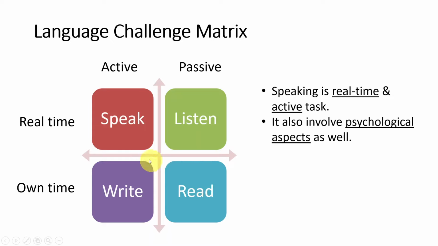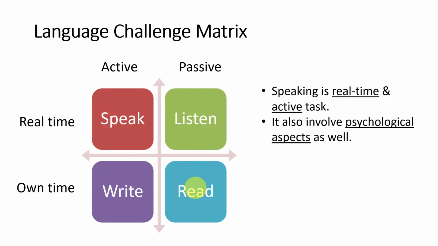Out of those four tasks, speaking and listening we have to do in real time. Whereas writing and reading, we can do in our own time. So we can take time. We can look up the dictionary. So usually doing things in real time is more challenging. So therefore, obviously speaking and listening are more challenging than writing and reading.